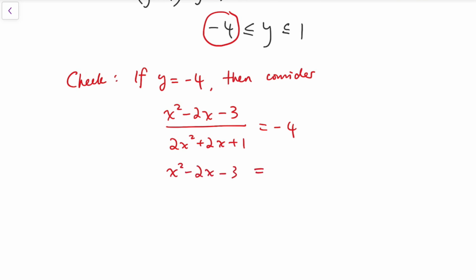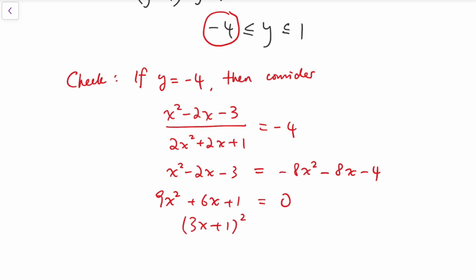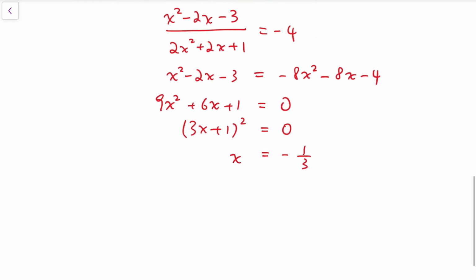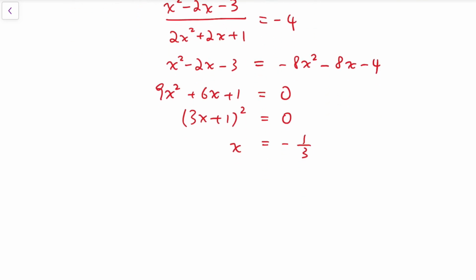Then I'll move the bottom part to the right and rearrange the terms to one side, and we have exactly (3x plus 1) all squared. So indeed we can find a real solution. Indeed it's a repeated root. That means when x equals minus 1/3, we can attain the minimum value of this function, and that is minus 4.